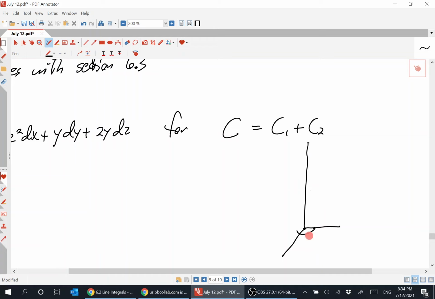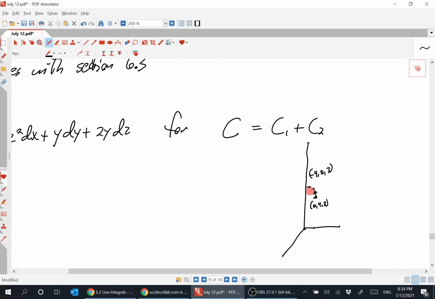Let's see if I can draw this. So (0, 4, 3) to (-4, 0, 3). So that's going in a circle. So they're saying from here to here. It could be that direction as well. I don't know which one it is.